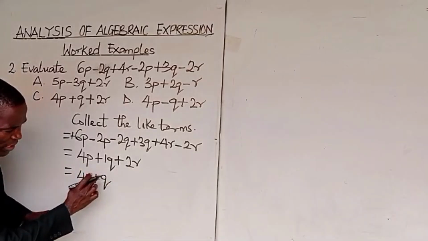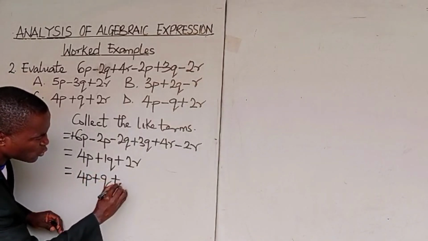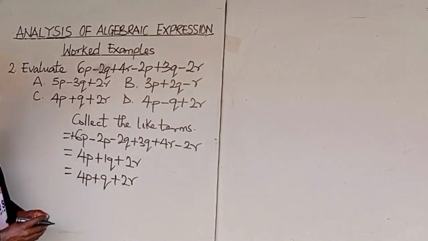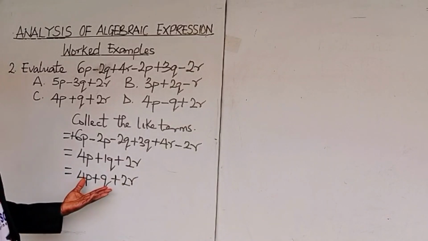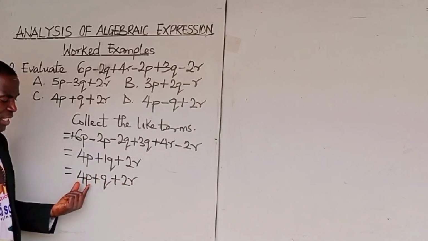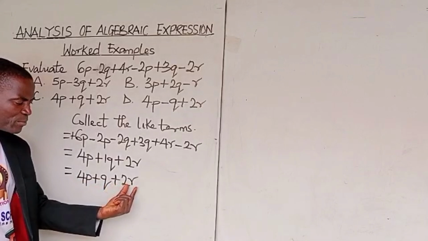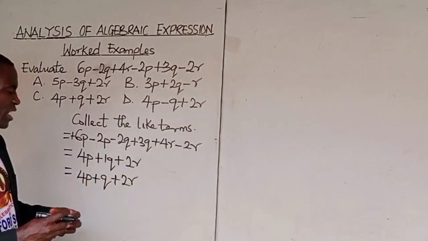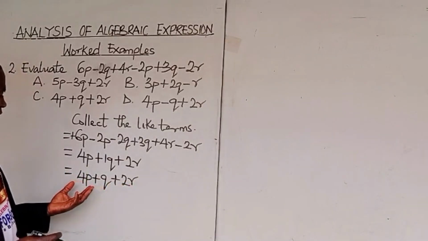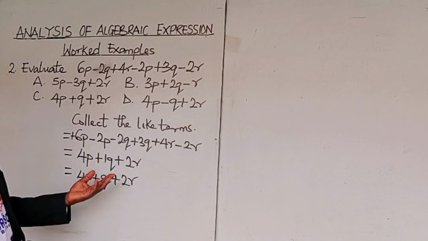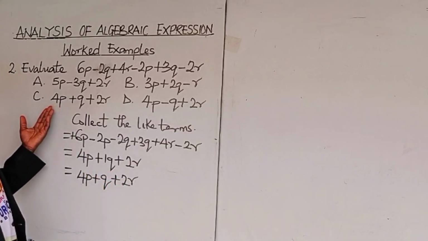There is an invisible one here. So here is 2r. So the final answer is going to be this. We cannot go beyond this one because these are unlike terms and there is nothing they can do in common because they are not birds of the same feather. Now let us check the option that is correct.